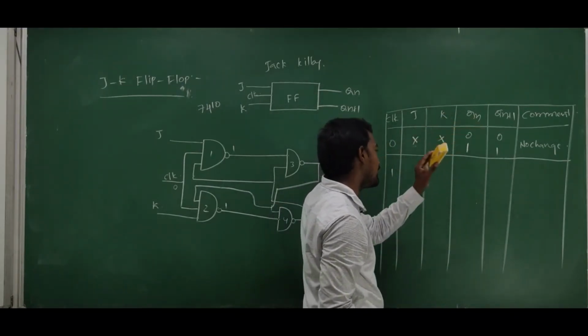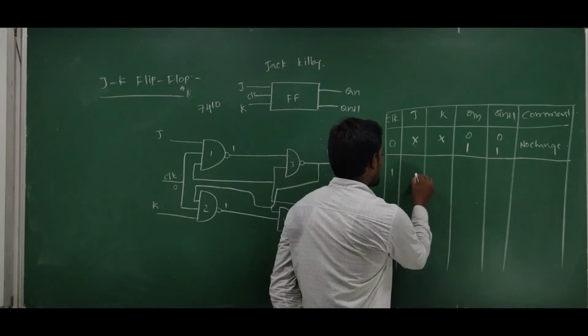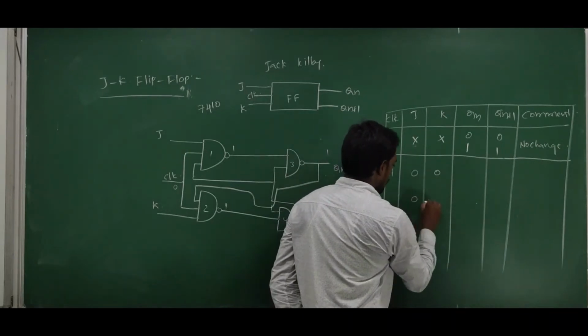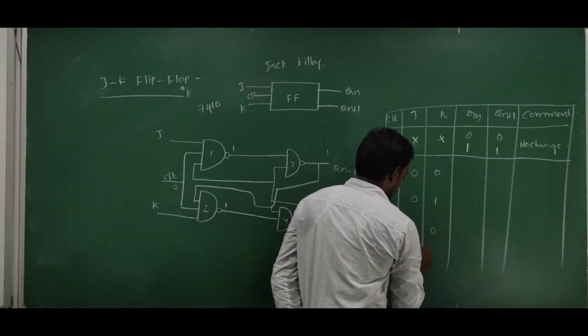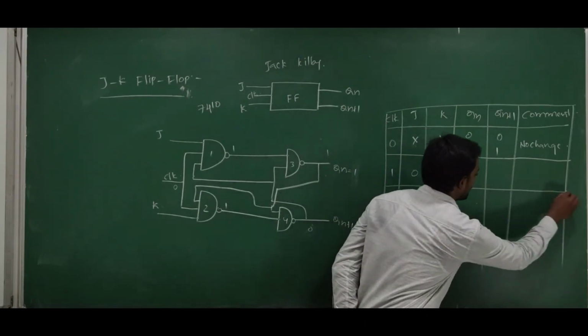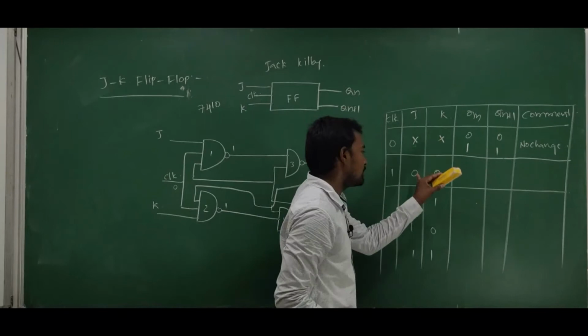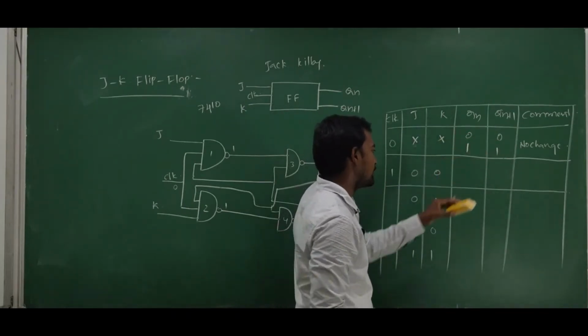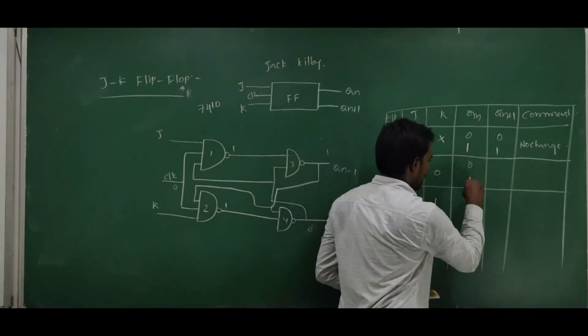Coming to the clock signal equal to 1, if we take the two inputs J and K, we get four combinations: 0 0, 0 1, 1 0 and 1 1. For the first state, J is equal to 0, K is equal to 0 and Qn is equal to 0 or 1.